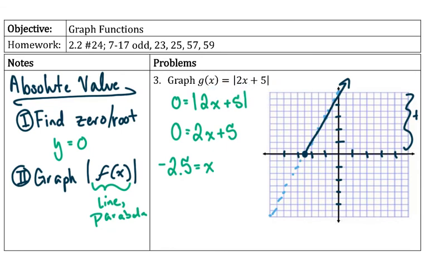Absolute value can't be negative. So that's where we take our turn, because if you remember, absolute value graphs look like V's. So we want to turn back upward, and we're still going to have the same slope, 2. And that's why it's nice to have the 0 there, because we know that that's where we turn. And then we still have the same slope, but now it's -2, and we turn back up.